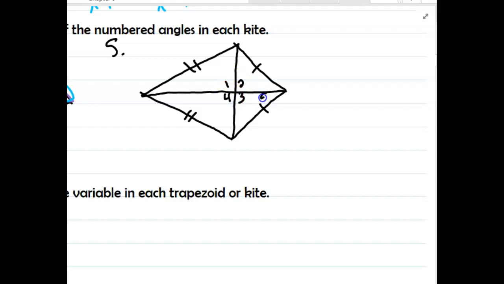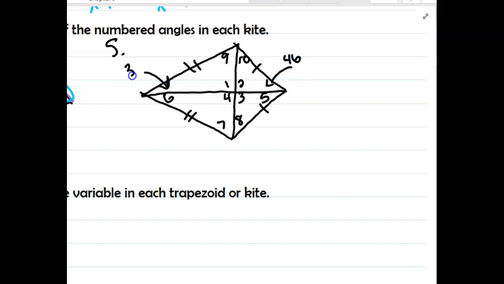Angle 5 is going to be over here. Angle 6 will come over here. 7 and 8 will be those bottom two angles, and then 9 and 10 will be up here at the top. And then this angle right here is going to be 46.